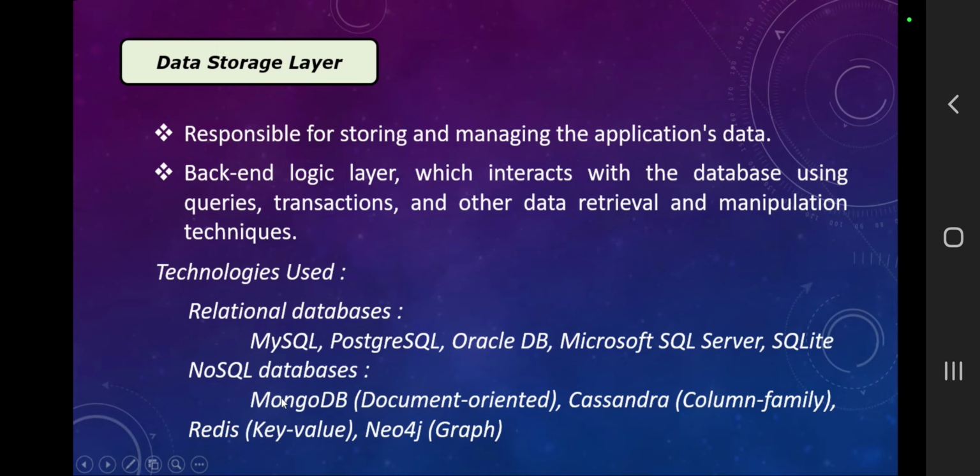JSON format means key-value pairs. So name Mike, address Chennai, age 40, like that. If I'm storing the data in this format, that is called NoSQL databases. So relational databases and NoSQL databases. This is the basics of the data storage layer.